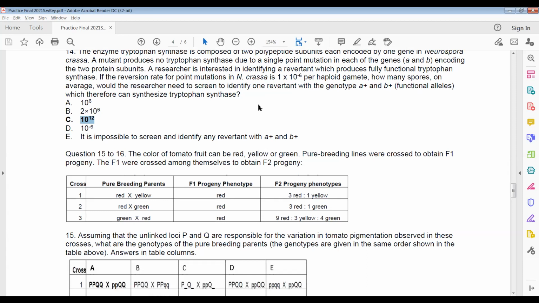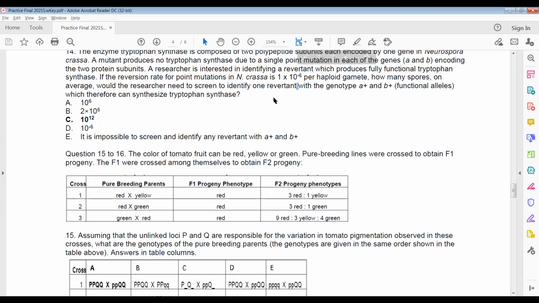But the question was asking: if the reversion rate for the point mutation is this for any gene, how many spores, how many progeny on average would the researcher need to screen to identify a single revertant with the genotype wild type for both genes, right?